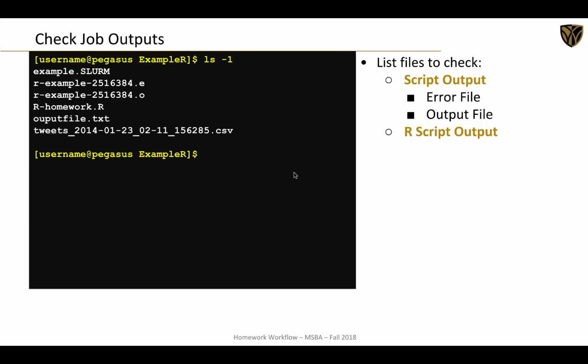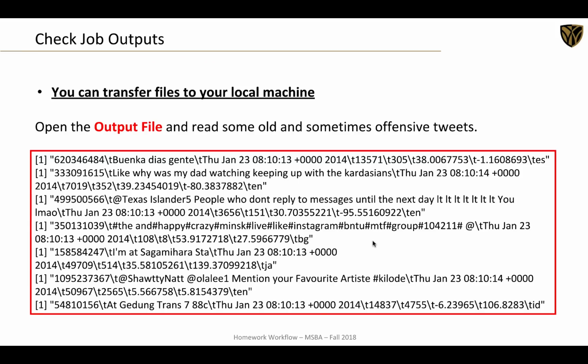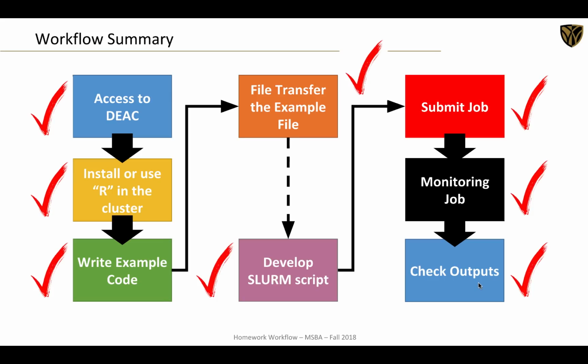Check syntax or the name and location of your CSV file. The content of your output file should look something like shown here. It can be transferred to your local machine with the process we discussed earlier, using WinSCP. If your output looks good, then consider your job successfully submitted.